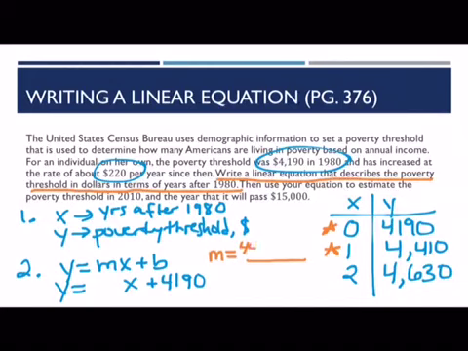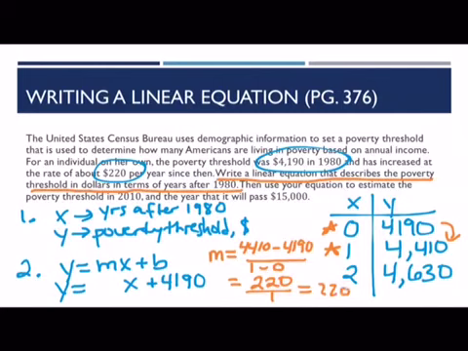So 4410 minus 4190, and the x's would be 1 minus 0. Think about how we got from one y value to the next. We added $220, so that difference is 220, and then 1 minus 0 is 1. So the slope is 220.